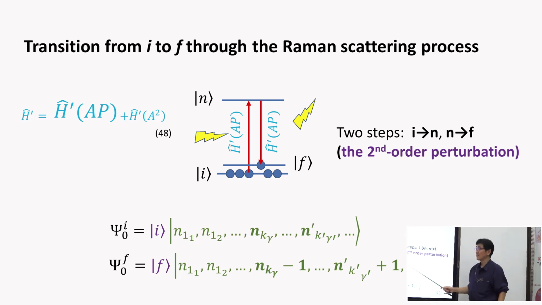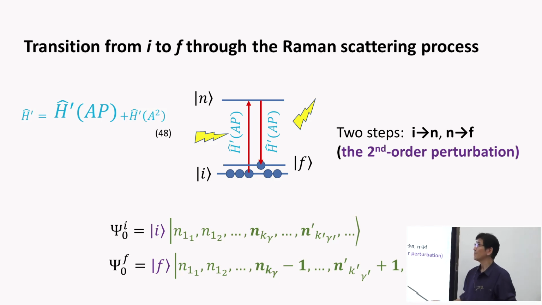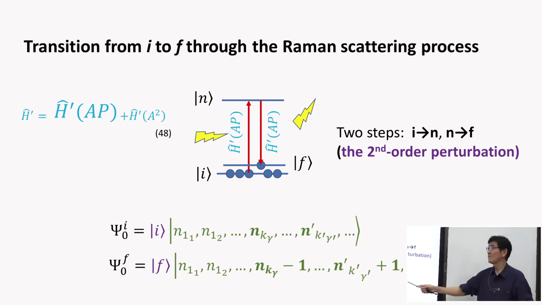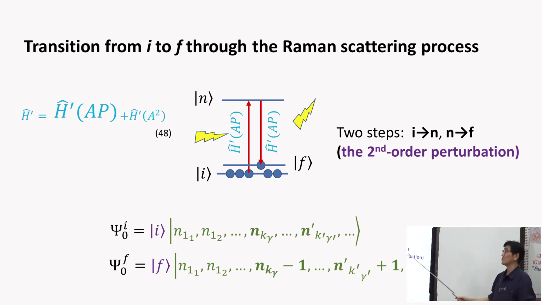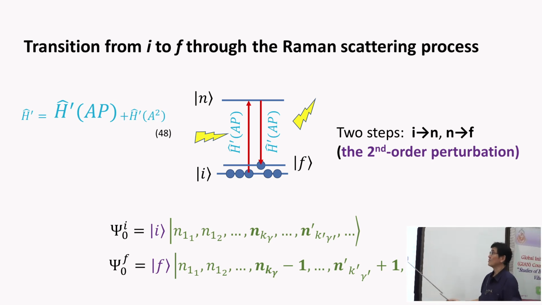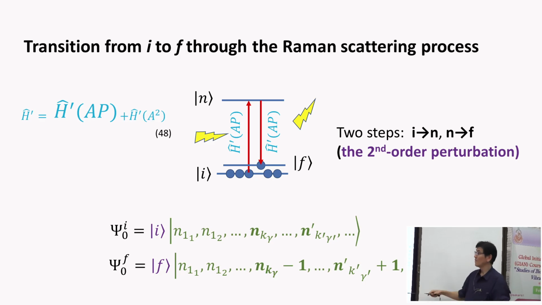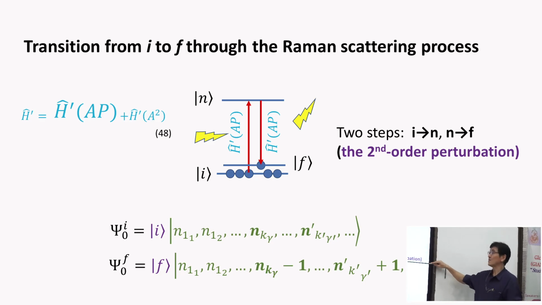This process is explained by considering the twice application of H prime A·P. So we should understand this process as a two-step perturbation from initial to intermediate to final. Accordingly, this is the second order perturbation.